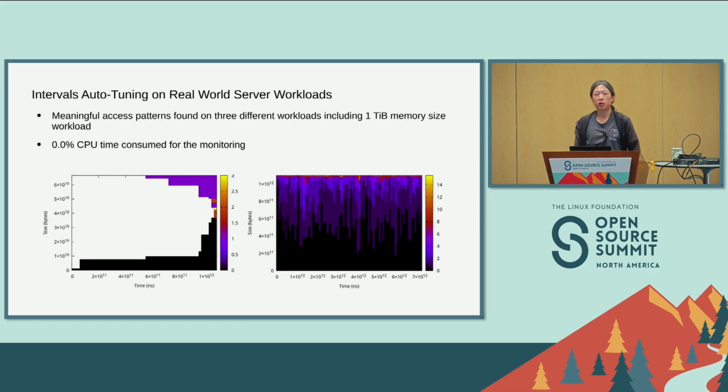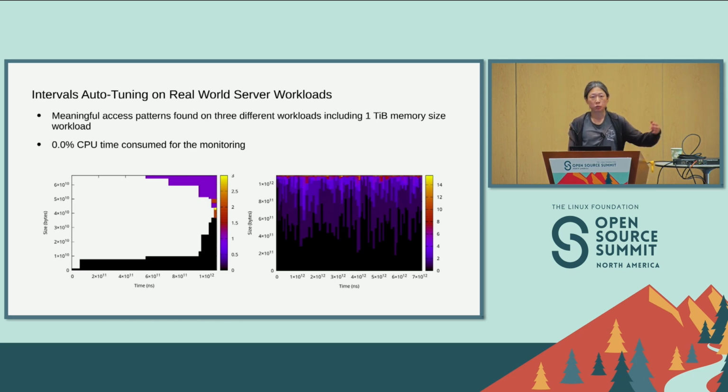We also ran DAMON-based monitoring on several workloads serving real-world traffic, and we were always able to see meaningful access patterns for the different workloads. Among those, there was a 1 terabyte memory size workload too.